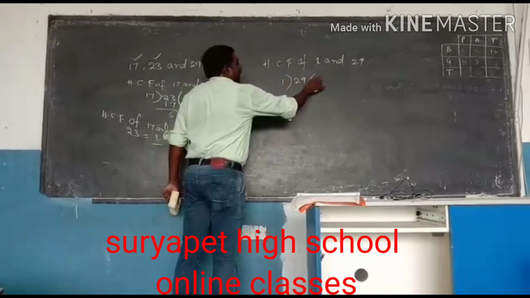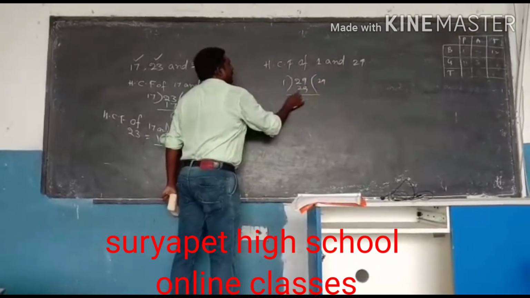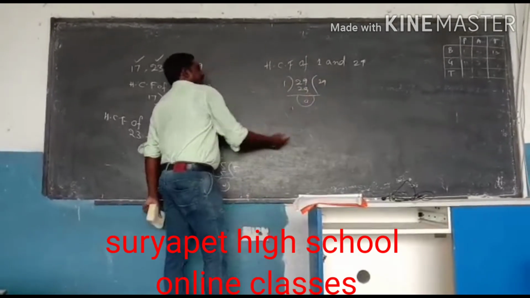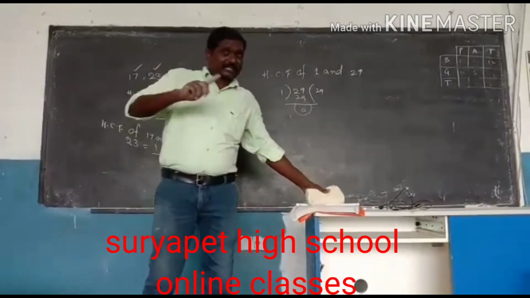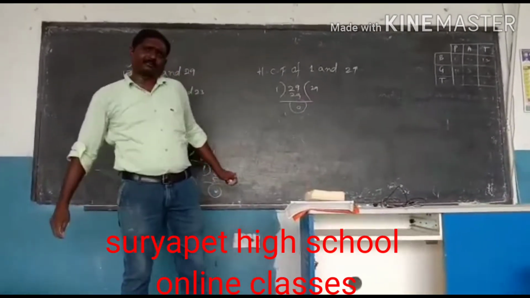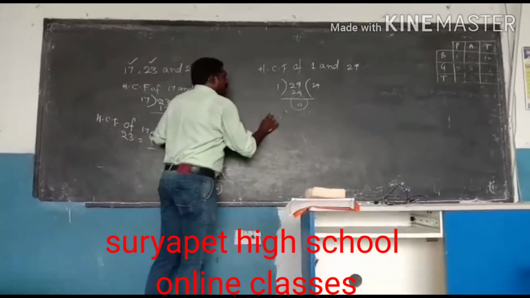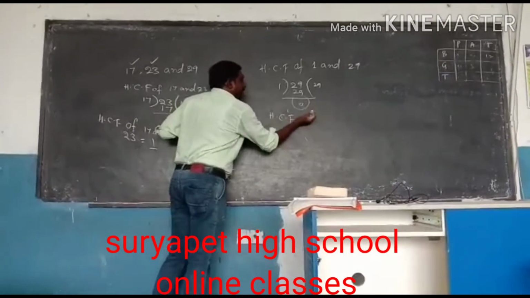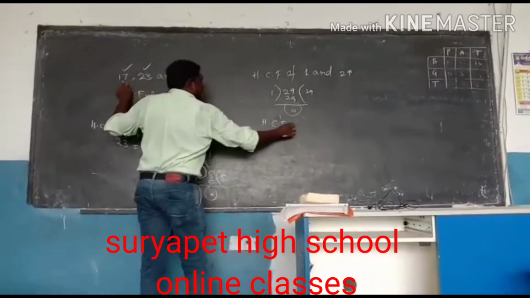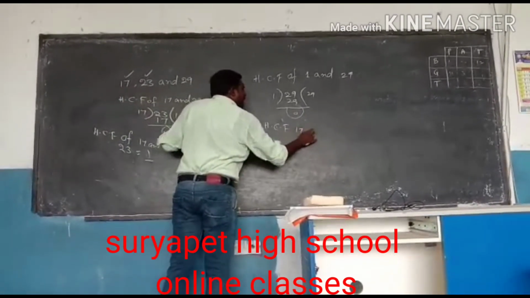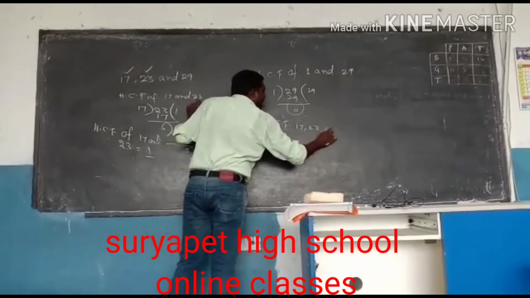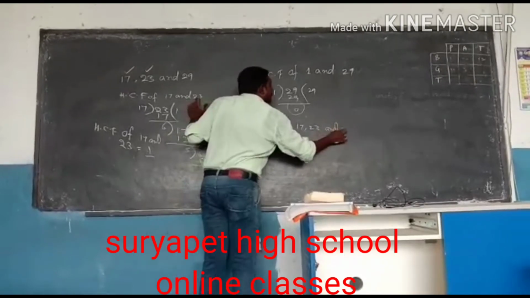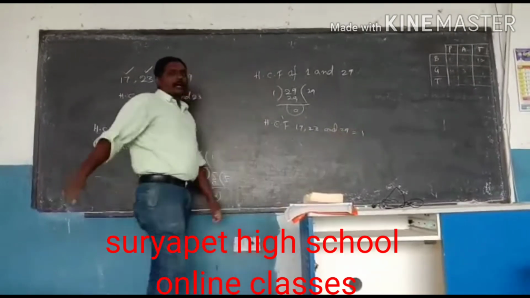So 1 29s are 29. The remainder is 0. This divisor is exactly divided. So HCF of 17, 23 and 29 is equal to 1.